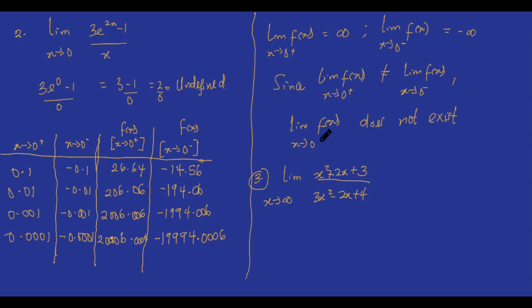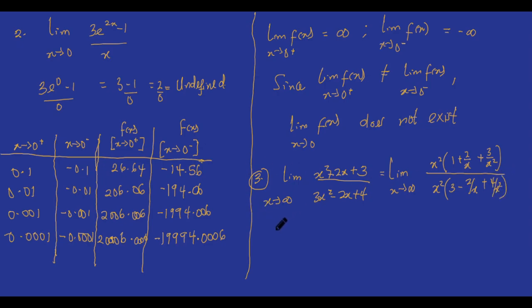We can now try to factorize x squared out since it's common to both of them. So the limit as x tends towards infinity of, when you factorize x squared in the numerator, you have 1 plus 2 divided by x plus 3 divided by x squared, divided by x squared multiplied by 3 minus 2 divided by x plus 4 divided by x squared.